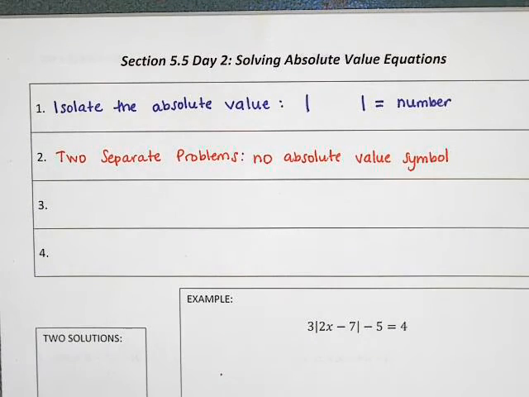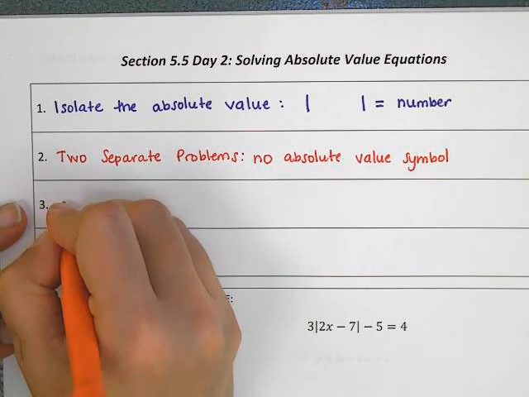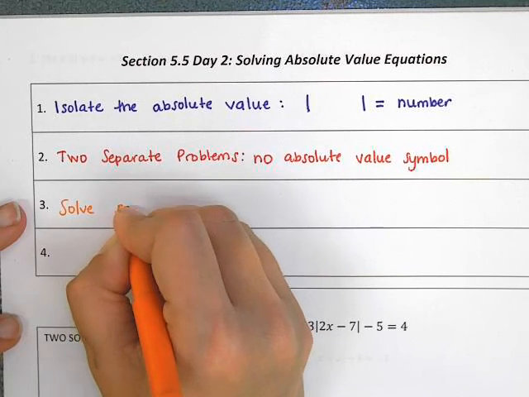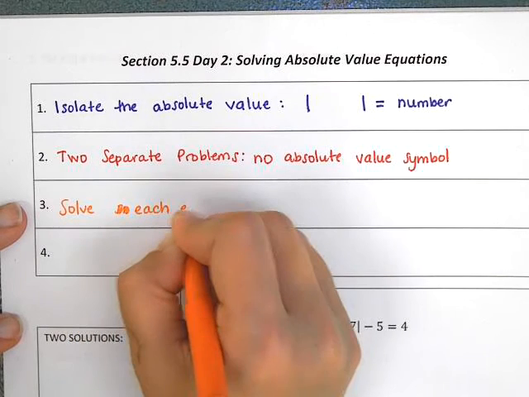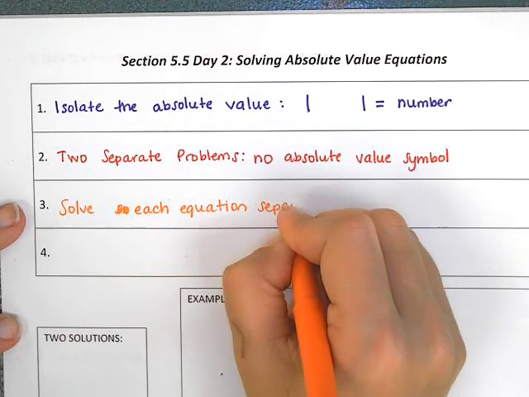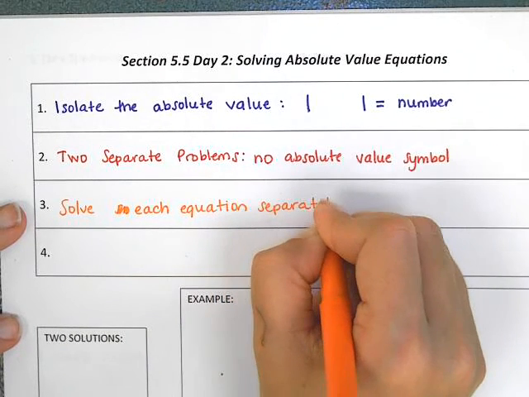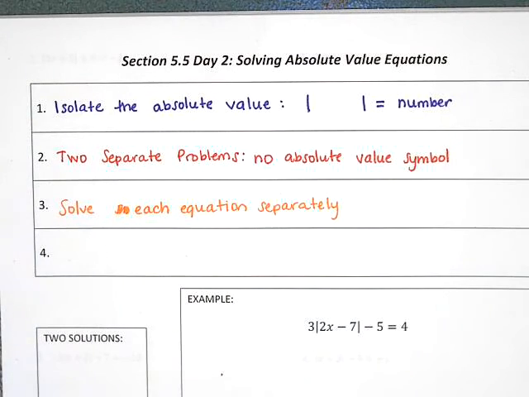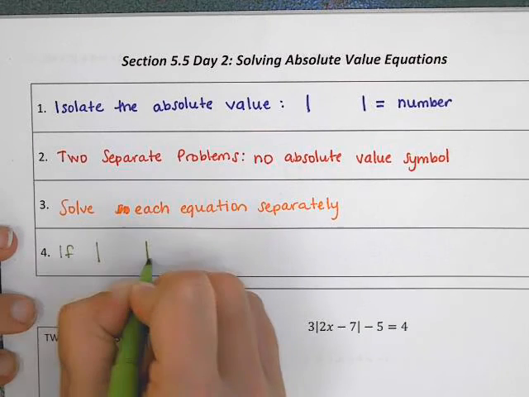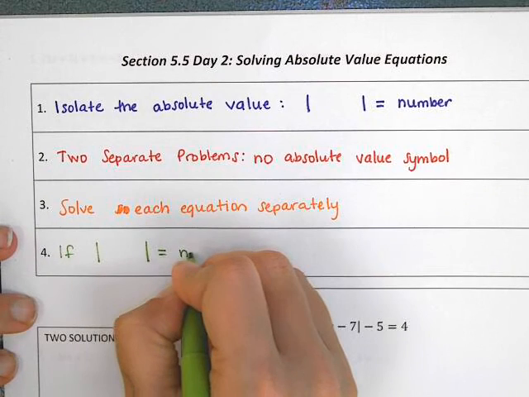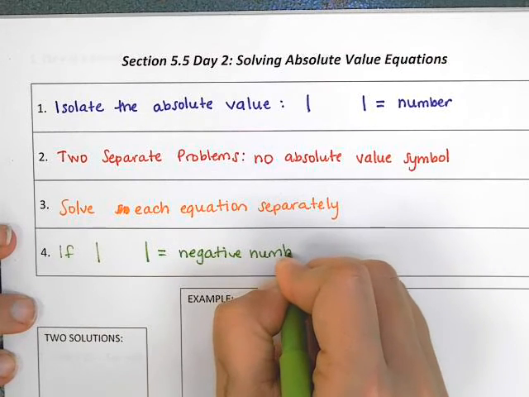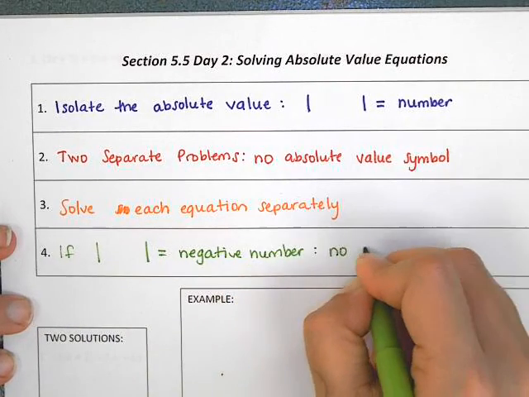Next, after you have two separate problems, you solve each equation separately. Finally, if the absolute value is ever equal to a negative number, your answer is no solution.